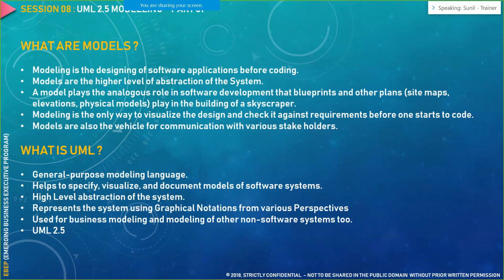Essentially, the blueprint would be in a CAD software file format, or it could be in a particular chart that the civil engineers or the construction engineers would be using to track the progress of that particular construction.